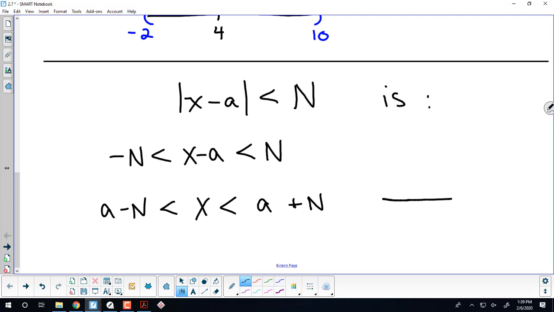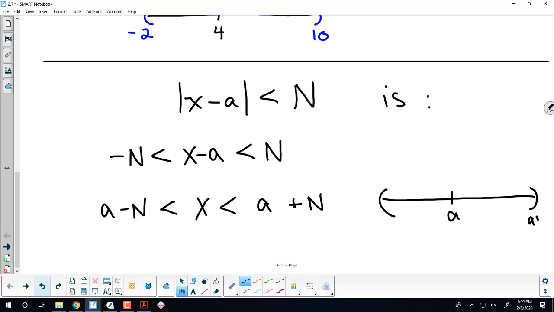So like there's the picture we were looking at, right? Here's some x value, x is here, whatever. It gives us a window in this direction and a window in this direction, right? So when we see this statement, the absolute value of x minus a is less than n, what you want to think about that as saying is that on the x-axis, you're less than n units away from a. So here, less than n units away.